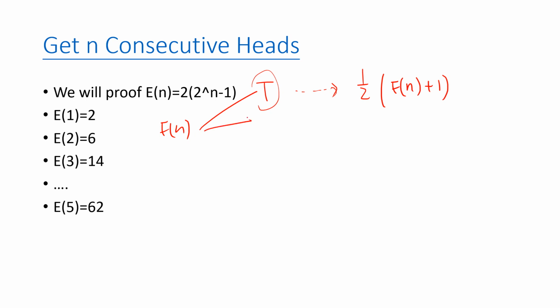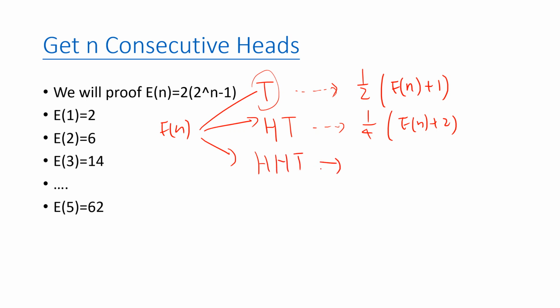The second possibility is that you get a head first, you succeed, but then you get a tail, so you fail. This is 1/4, and you waste two tosses. The third is you get head, head, then a tail, so you succeed twice but then fail, and this contributes 3. And you keep going.